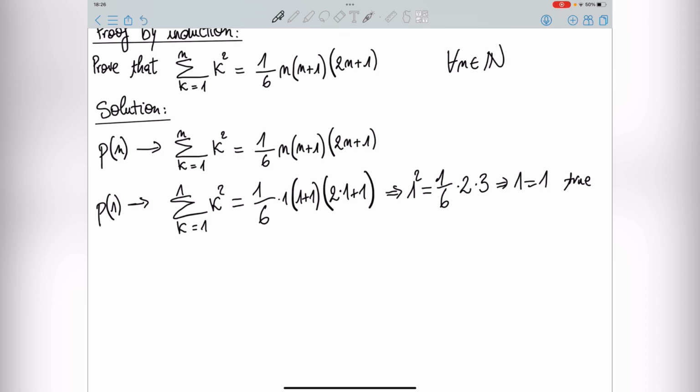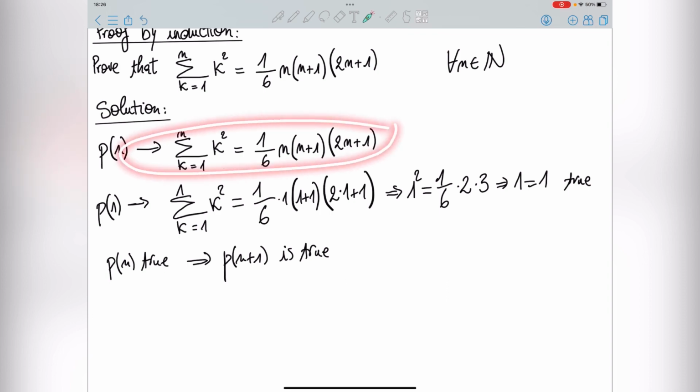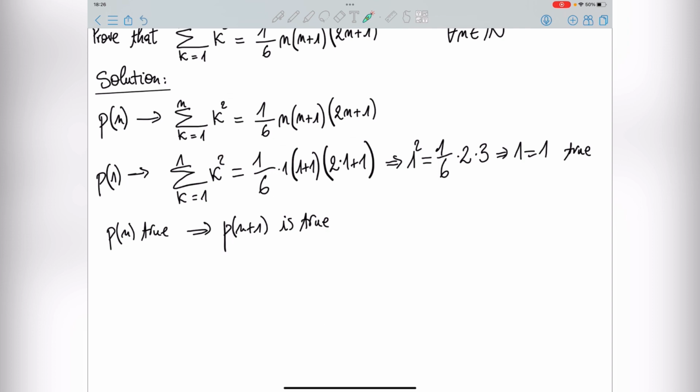Now we need to check whether P of n true implies that P of n plus 1 is true. We need to prove that P of n plus 1 is true, assuming that P of n is true, right? Our P of n plus 1 is basically substituting n plus 1 into this P of n.